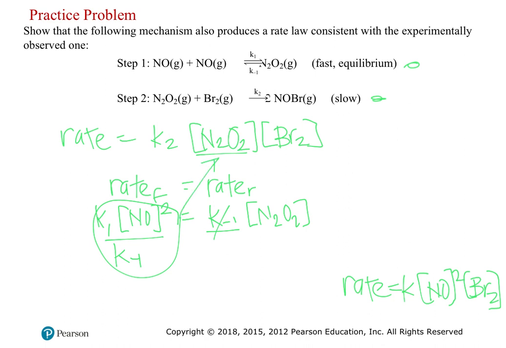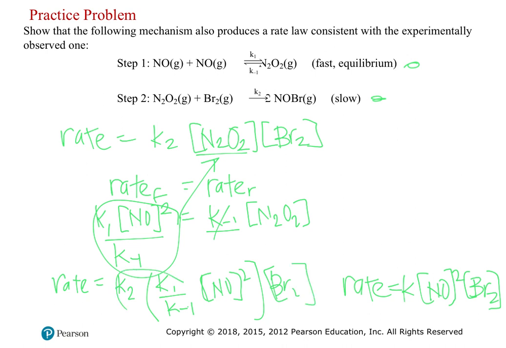So we get rate equals K2 times, plug in for this one, K1 over K negative 1 times nitrogen monoxide squared times bromine. We'll simplify those K's together. So the rate equals K times nitrogen monoxide squared and bromine to the first power.